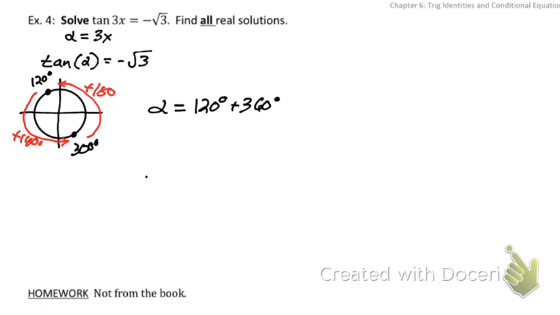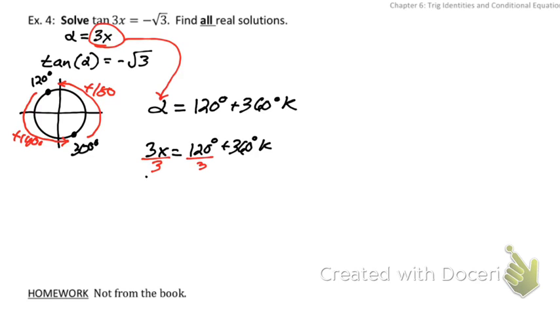But we're not looking for just plain alpha. 3x is taking alpha's place. So you're going to take that 3x, and you're actually going to plug it in for that alpha. So you're going to have 3x equals 120 plus 360. I should have k's on the end of these. To solve for x, you just have to divide everything by 3. So we're going to divide both sides by 3.